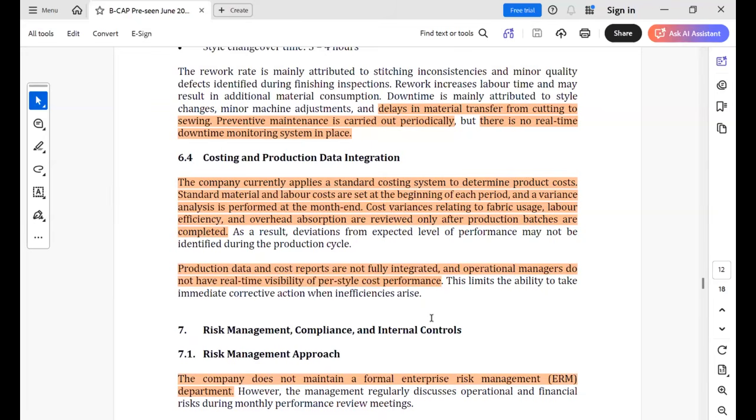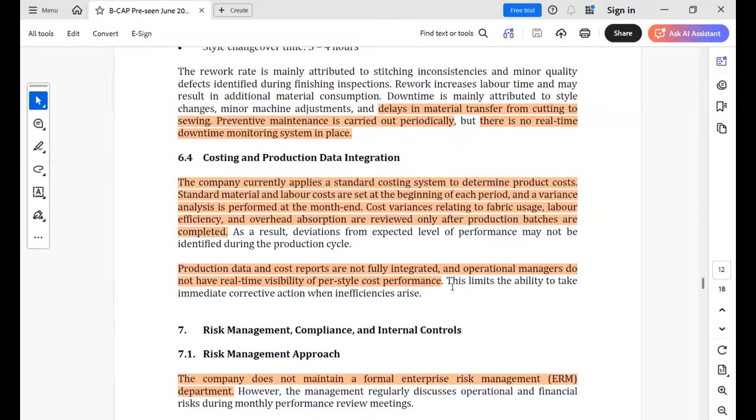As a result, each and every line manager and operations manager is not in a position to see the real-time data. This limits the ability to take immediate corrective action when inefficiencies arise. So then and there you can't take the decision, right?